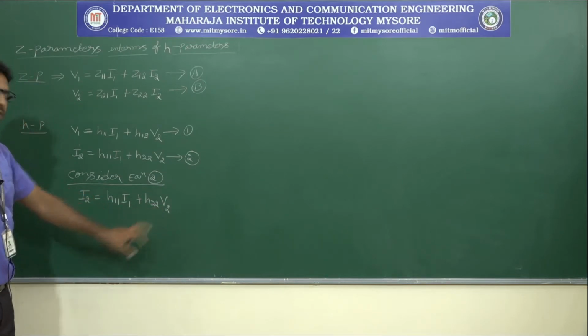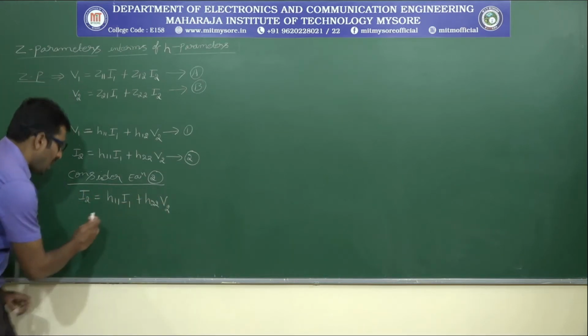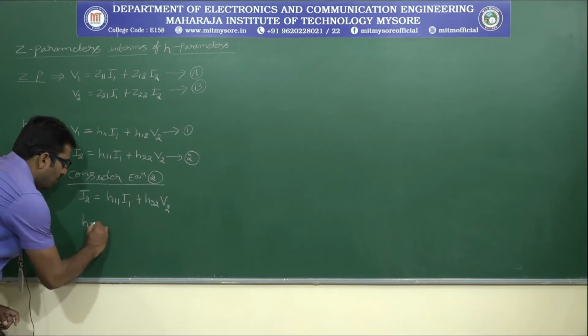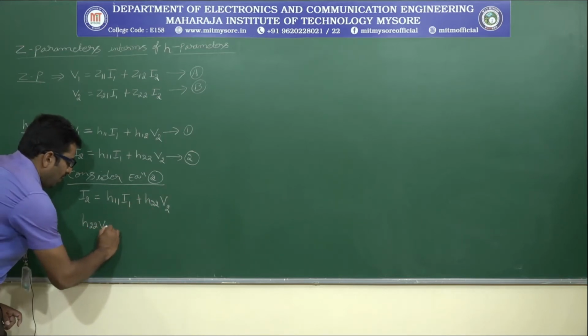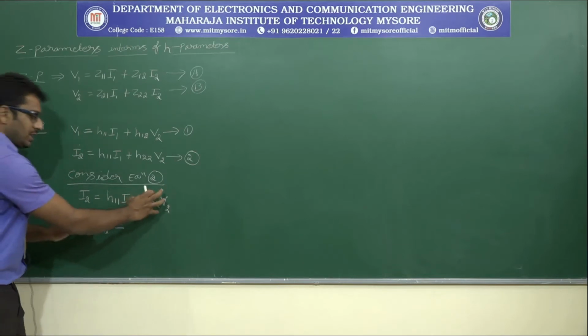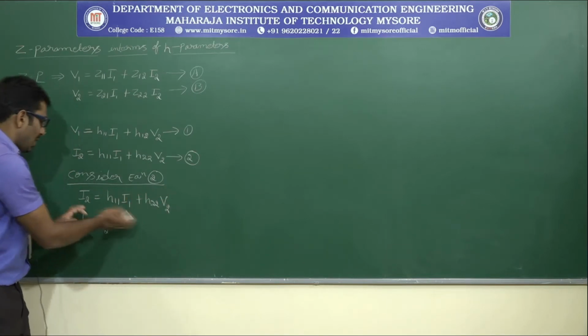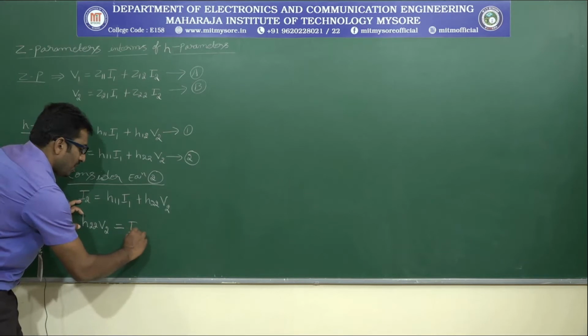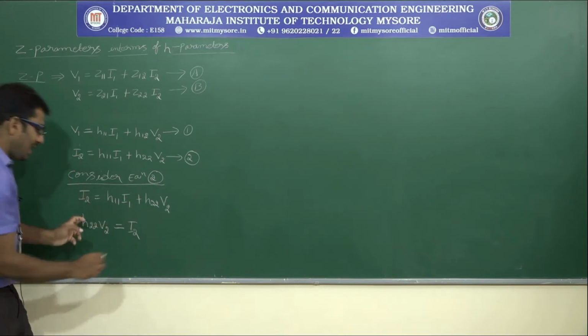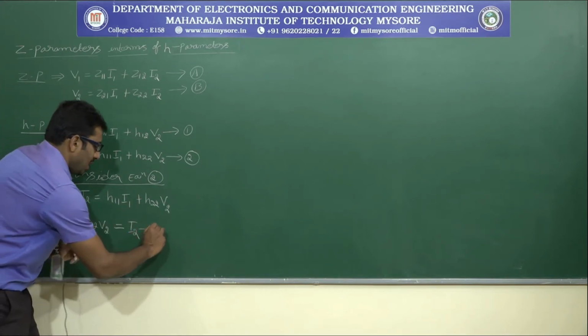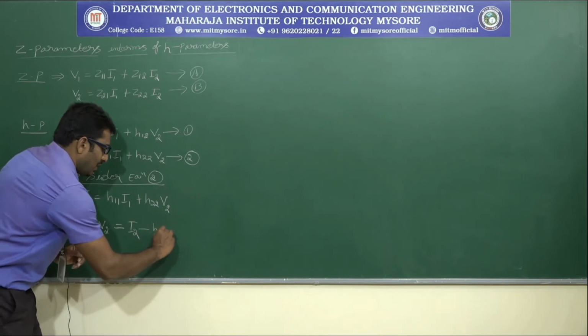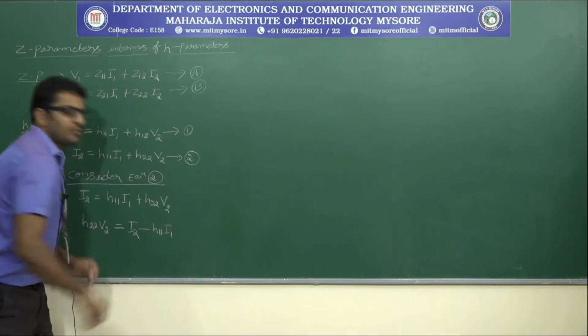How to get the expression for V2? Just keep this term as it is, H22 V2. V2 is equal to, next, I2 minus H21 I1.